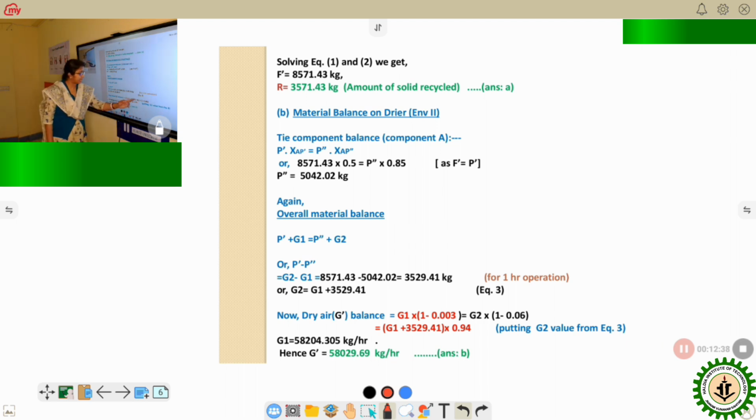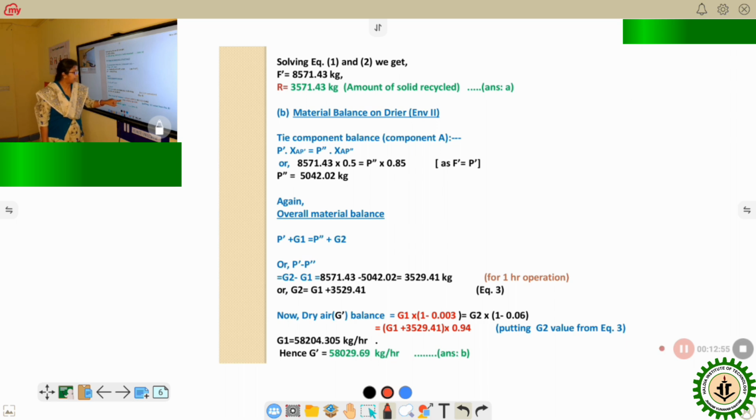So if we balance these two equations, with G2 replaced by G1 from equation 3, G2 equals G1 plus 3529.41, replaced here in place of G2.